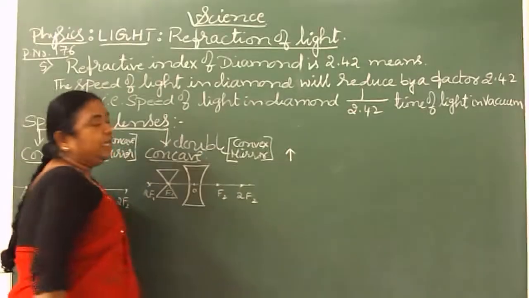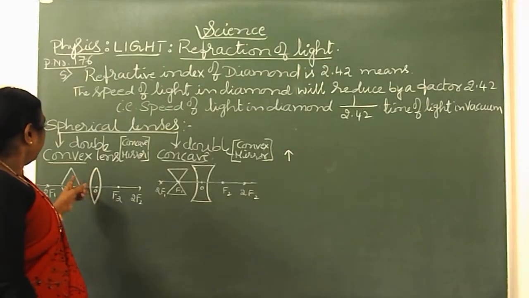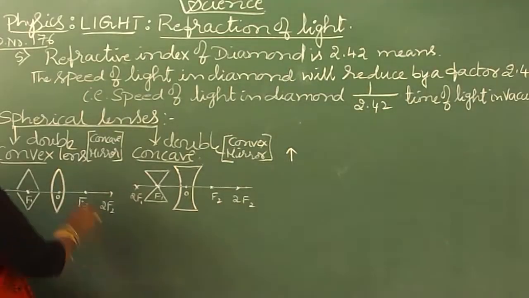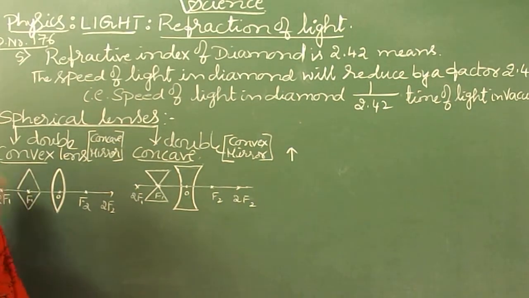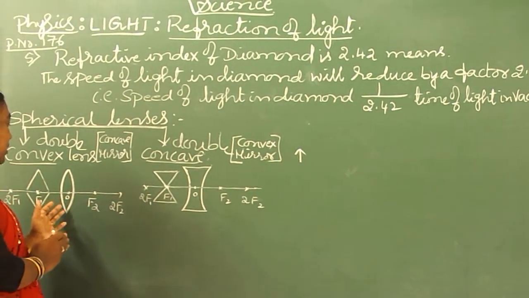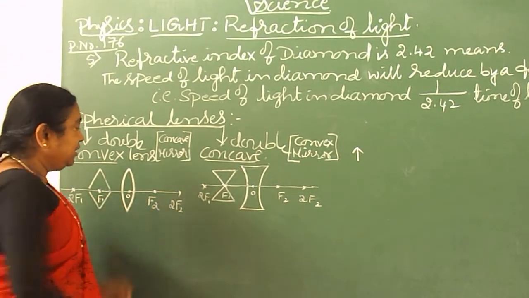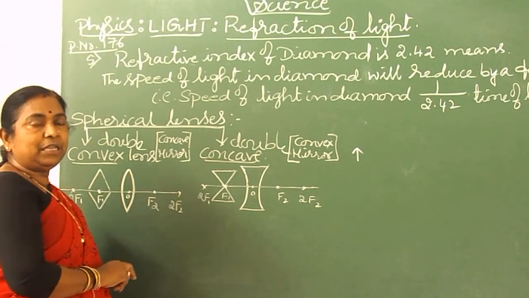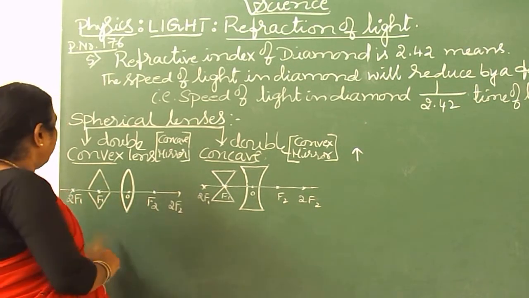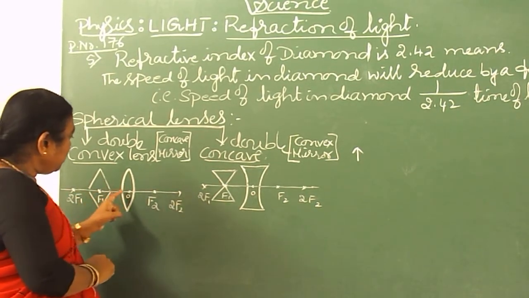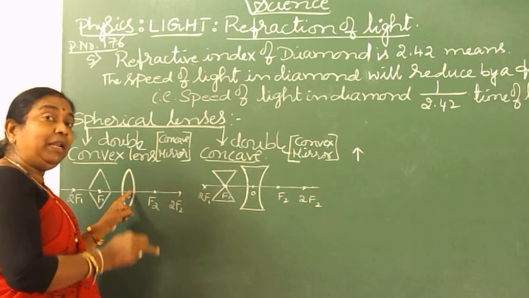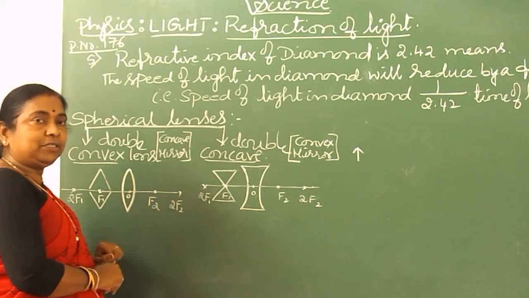Then how does the image form? See, whenever the light rays enter through this, first draw the ray diagram with an axis. It is the principal axis, as you have learned in reflection also. The center line passing through the optic center of a lens is called the principal axis.